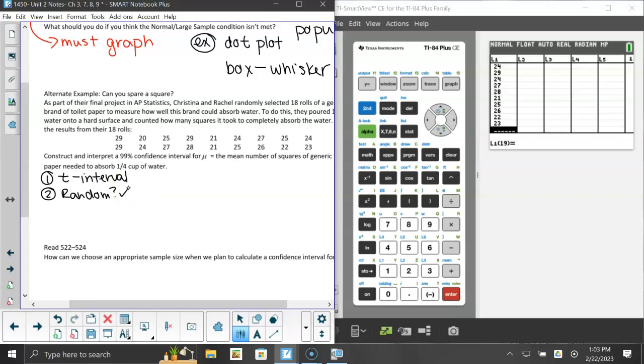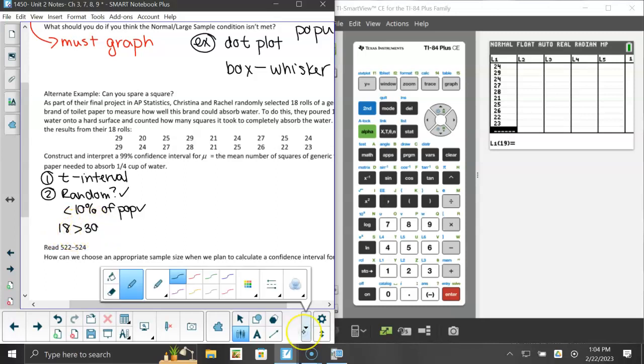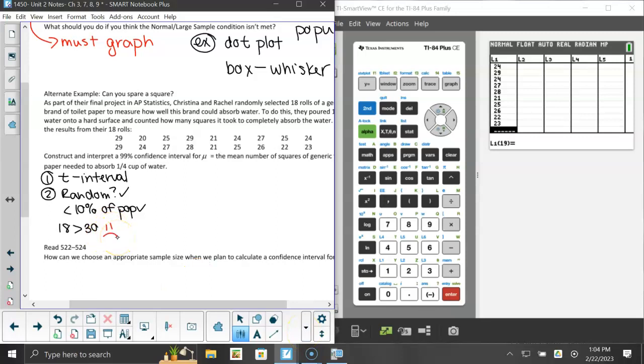Is it less than 10% of the population? Yeah, there's a lot of toilet paper in the world. What's that last one? It was large counts. So, 18 is not greater than 30. So that's a fail.